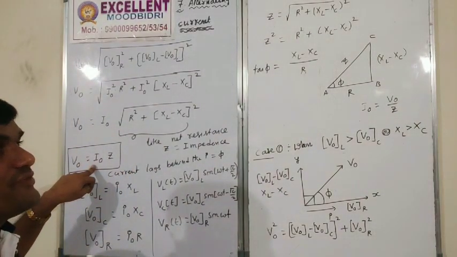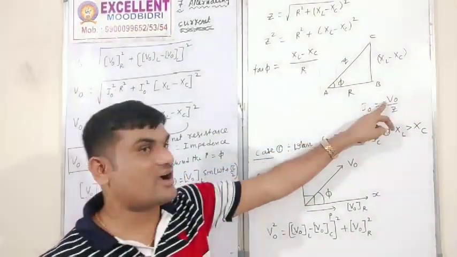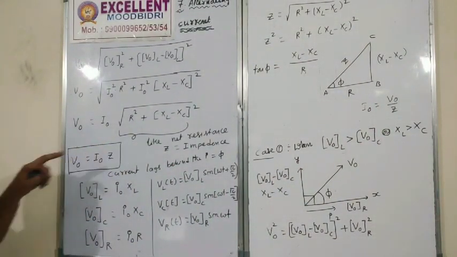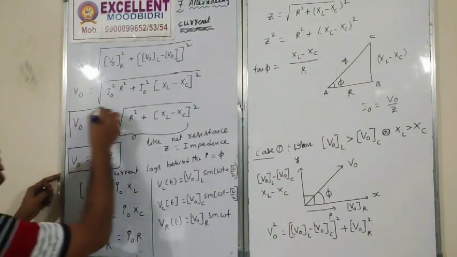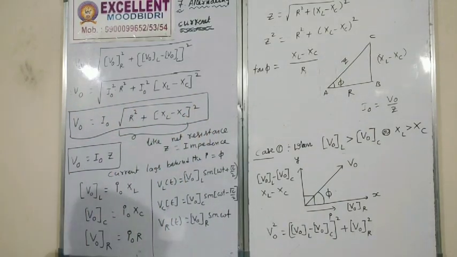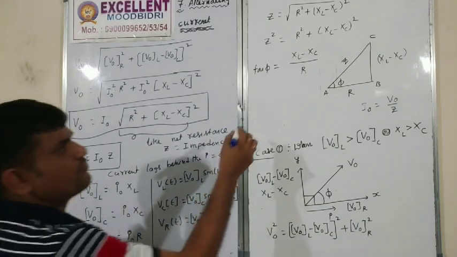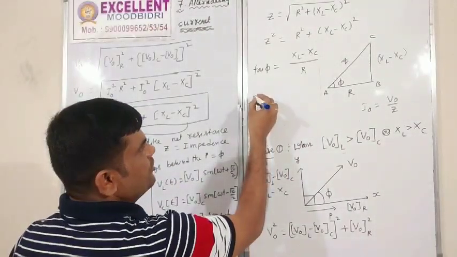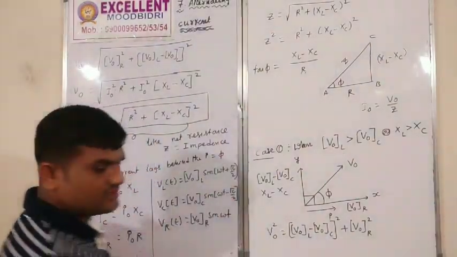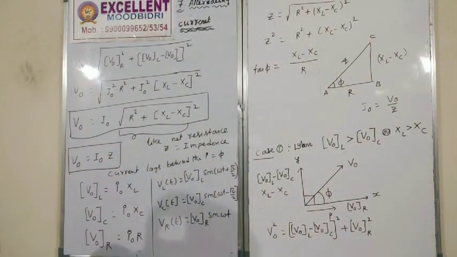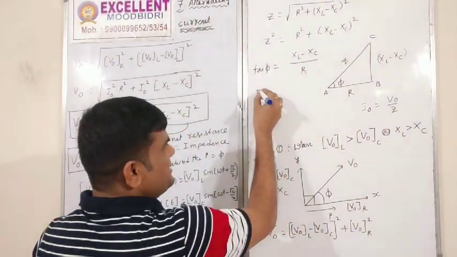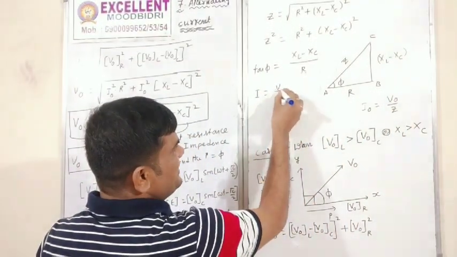I naught is equal to V naught by Z. Remember, V naught is equal to this one, remember everybody. One more formula: I naught is equal to V naught by Z, and I is equal to V by Z.